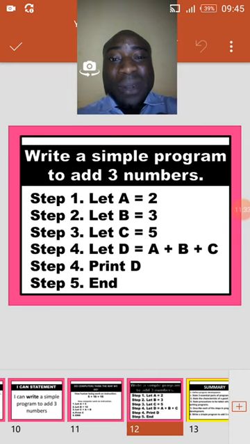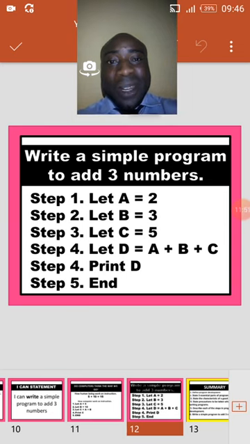Step 2, let B equal 3. Step 3, let C equal 5. Step 4, let D equal A plus B plus C. Step 4, print D. And step 5, end. This is how we write a simple program to add 3 numbers for the computer. I believe you understand this.